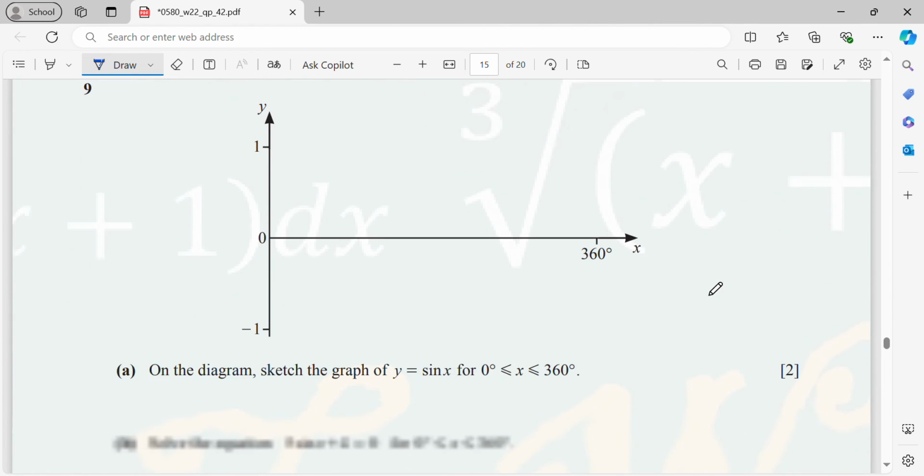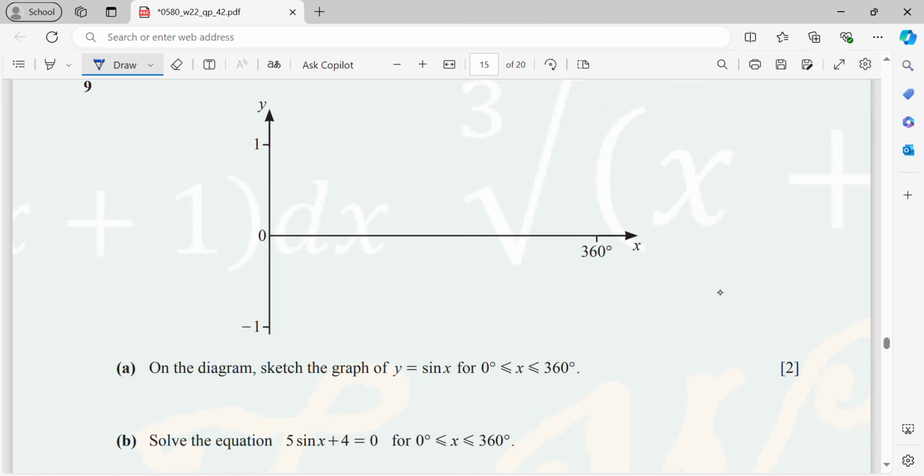Now for question number 9, on the diagram, sketch a graph of y equals sine x for x from 0 to 360 degrees. So we know that the middle is 180 degrees. Sine x, here 0, 90 degrees is 1, then here 0, 270 degrees, you get negative 1, then here 0.